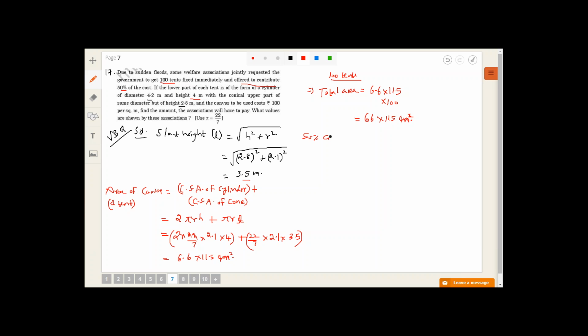So 50% of the cost is the total area multiplied by 100, because it says cost rupees 100 per square meter.